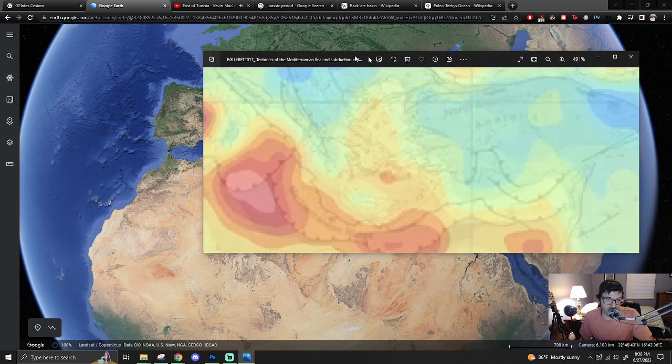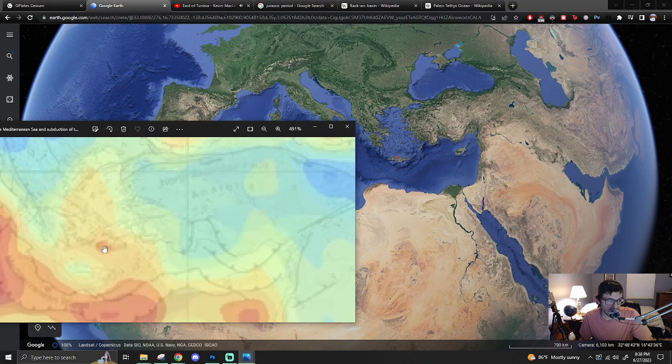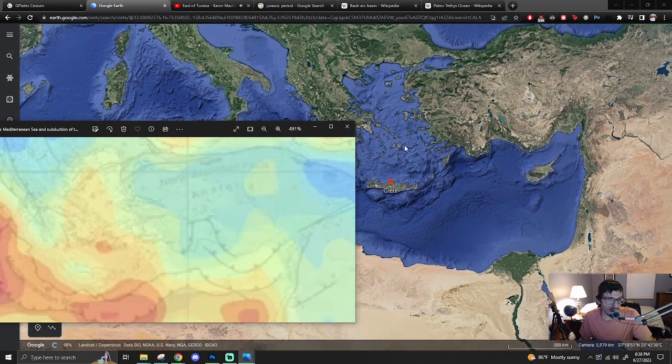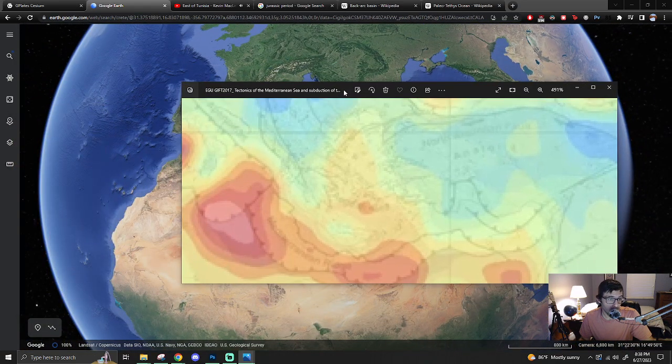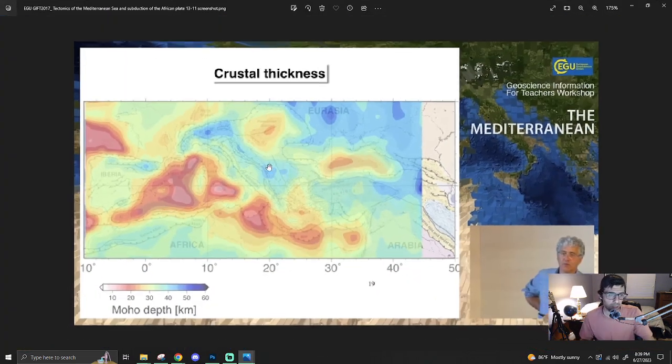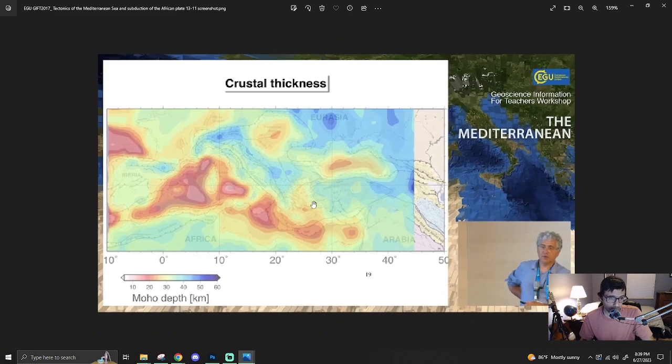Interesting here. So here's Greece, and at its center is a thinner section, like it has a node, adding to the concept that it was an eddy center.